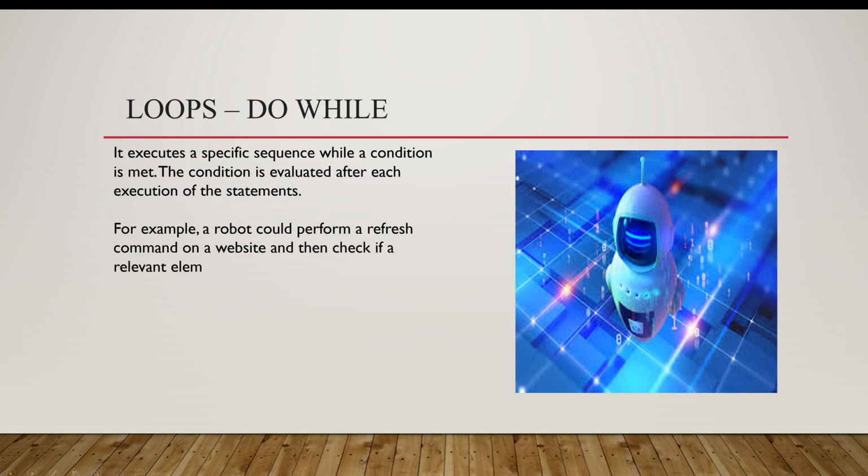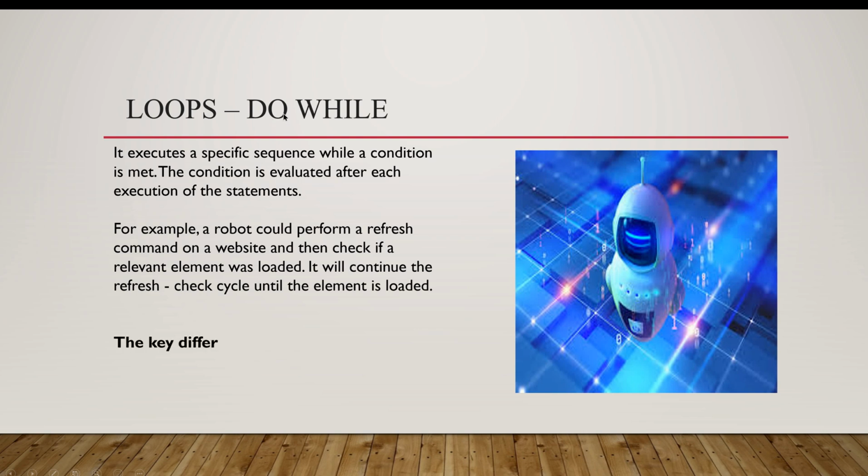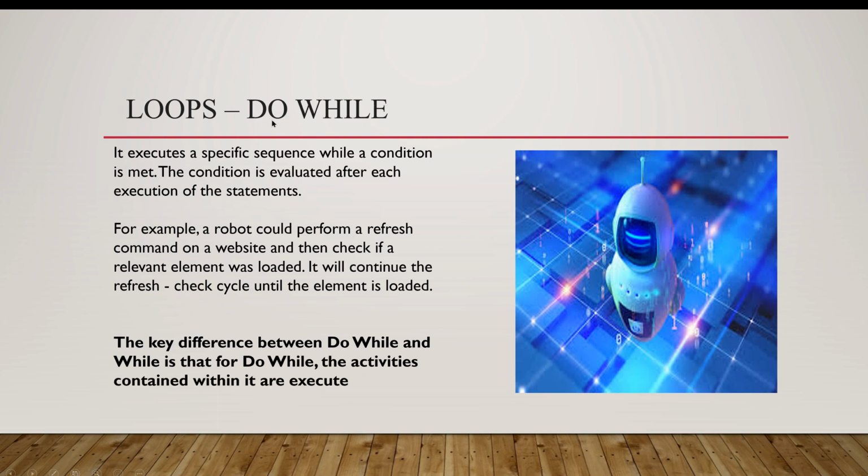Okay. So what does this do while mean? Do while. Do means you are doing something, you are asking the robot to do something while it meets the condition. Simple, right? In the name itself you can understand. If you see this, do something while until the condition is success.